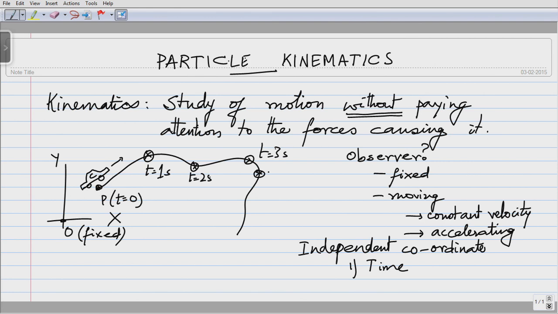Let us say the particle slowed down around a bend, so it did not move very far in that 1 second, as you can see in the sketch here. So, I know the position of the particle at each of these instants of time.